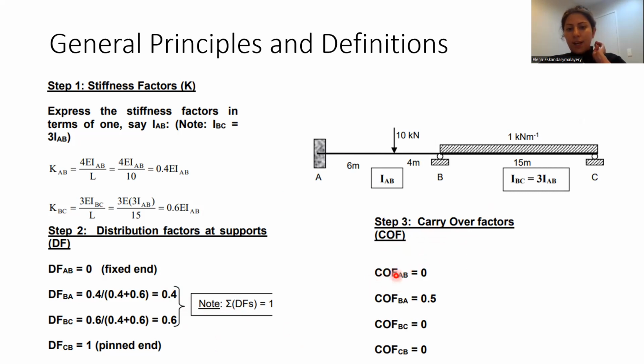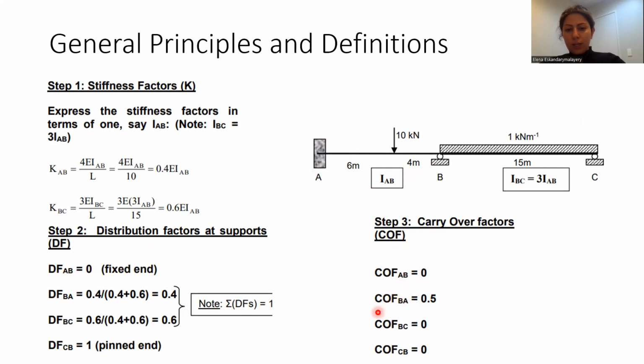As I said, the carryover factor for AB, because A is a support, is 0. The carryover factor is the same as for fixed end and distribution factor.